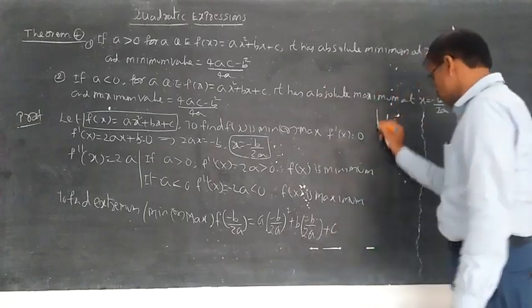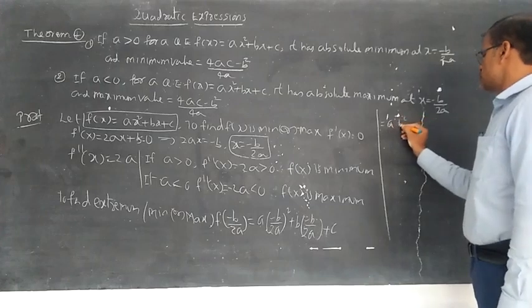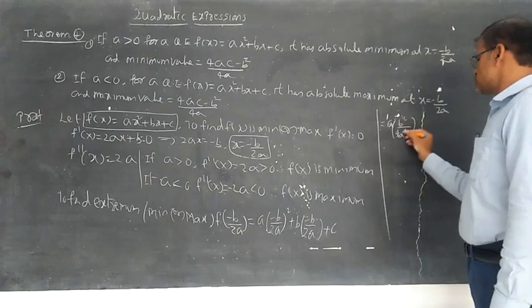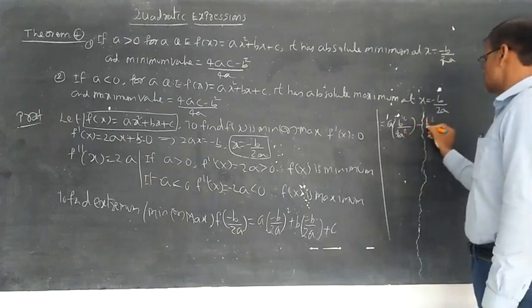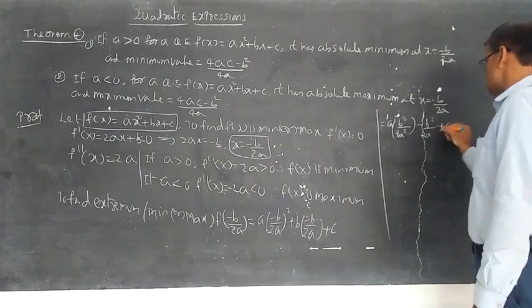That is equal to a into b square by 4a square minus b square by 2a plus c.